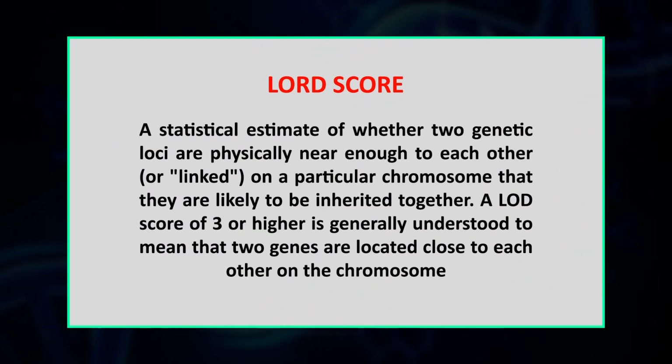A Lod score is a statistical estimate of the relative probability that two loci, for example, a disease-associated gene and another sequence of interest, such as a variant or another gene, are located near each other on a chromosome and are therefore likely to be inherited together.